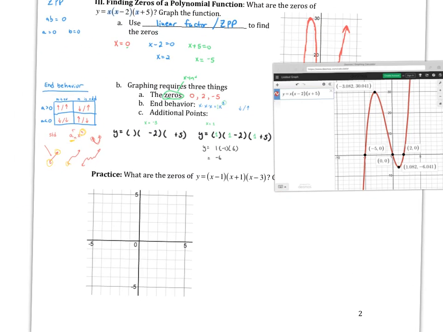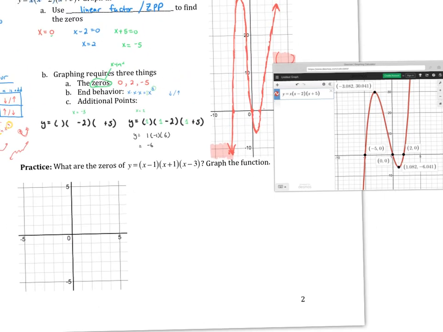Okay. Now it's your turn to practice this. Again, find your zeros right here and plot those. Number 2, determine what the end behavior is by multiplying x times x times x. And determine, does it start high, end high, start low, end low, start low, end high, or start high, end low. Those are your 4 options.